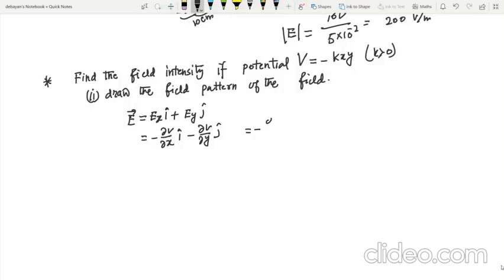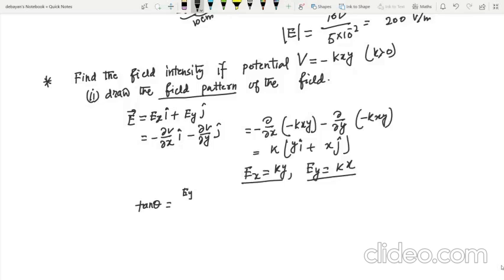You know that tan theta is nothing but Ey by Ex, and it is kx by minus ky. You can write in another form, the slope is written as dy with respect to dx also. So that is nothing but y dy equals to x dx.